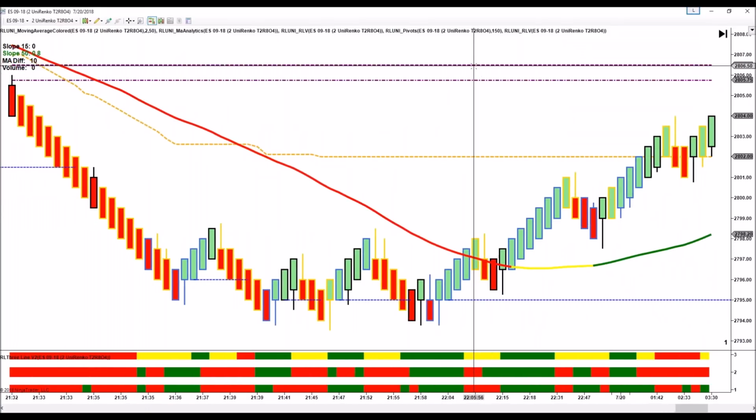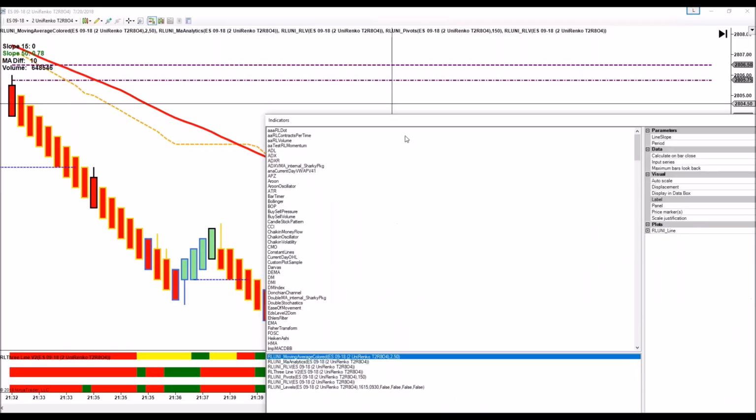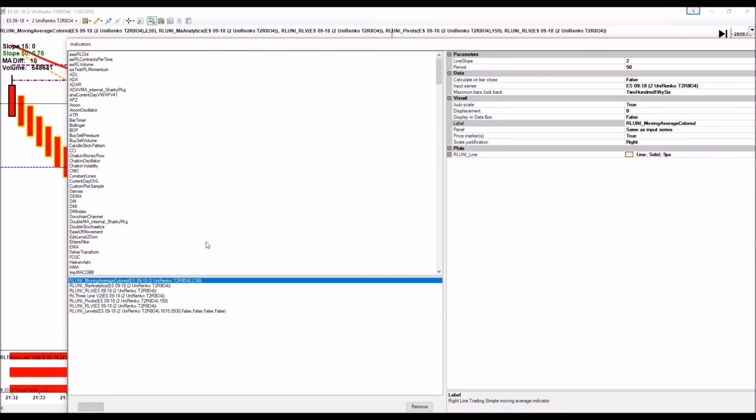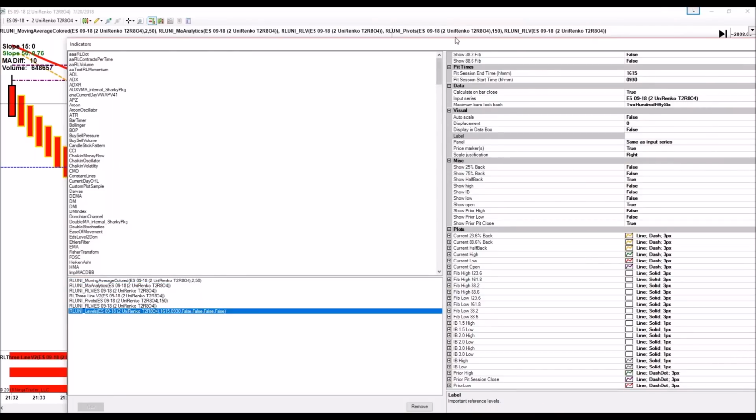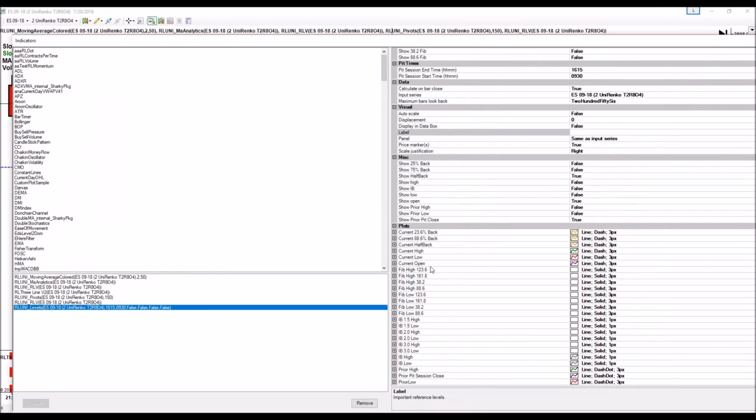So this line is the present session open, and this line is the past session close, and you can modify them. There are settings in here for how you want to do it. You see this dash line, dash dot versus dash.